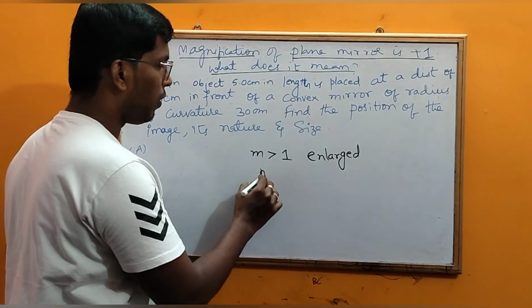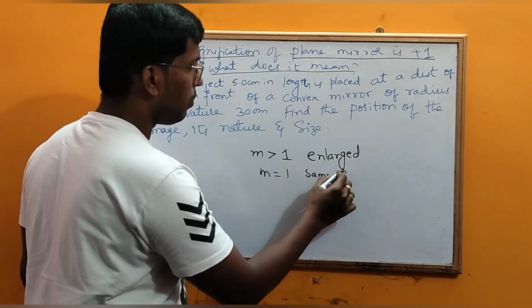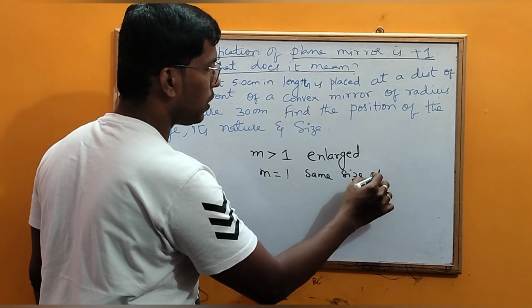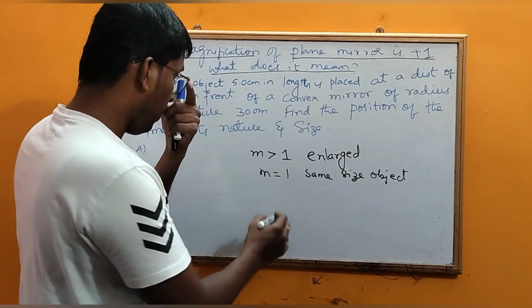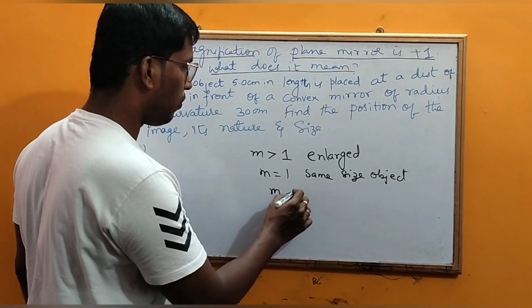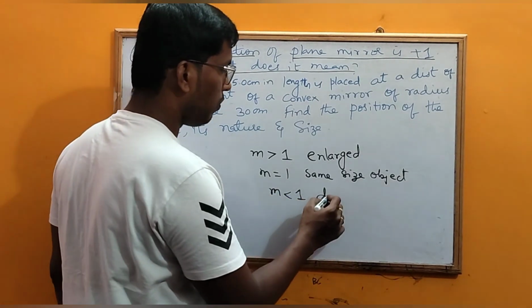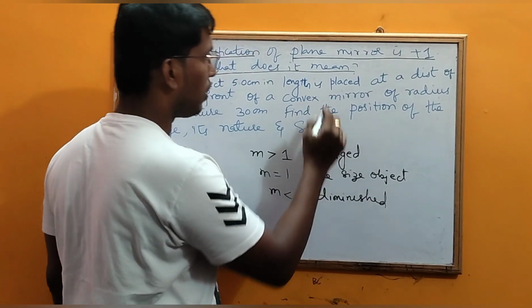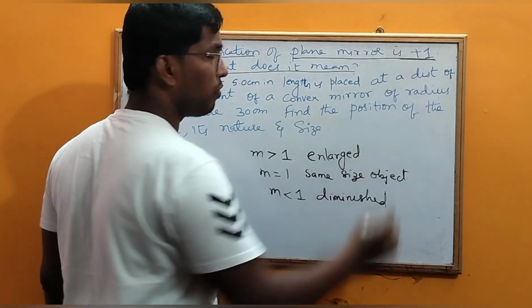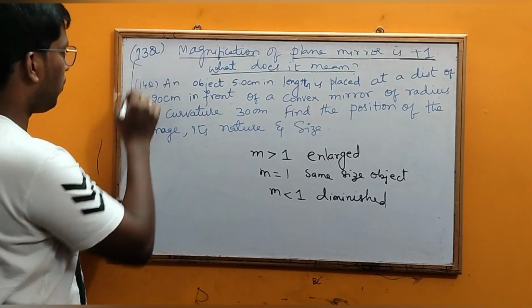If magnification is equal to 1, image will be the same size as the object size, image size is equal. If magnification value is less than 1, image will be smaller in size, we call it diminished. So what is given here? Plane mirror is +1, it means which is equal to 1.